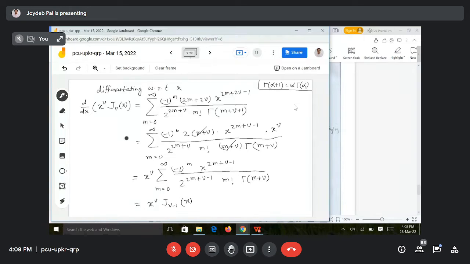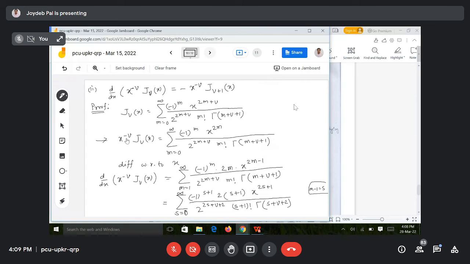This one, d/dx of x to the power nu J nu x is equal to x to the power nu J nu minus 1.